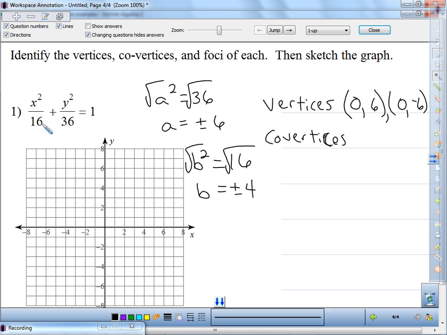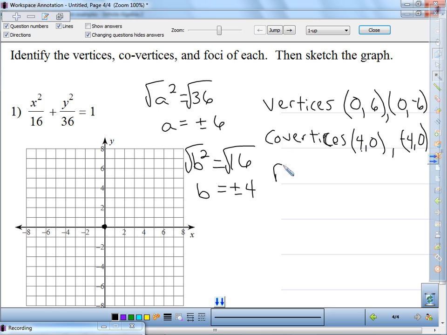Underneath x squared, so that means it's going to be on the x-axis. So it'll be (4, 0) and (negative 4, 0). And again, the zeros are because the center of our ellipse is at the origin. We're coming out from the center when we talk about these.